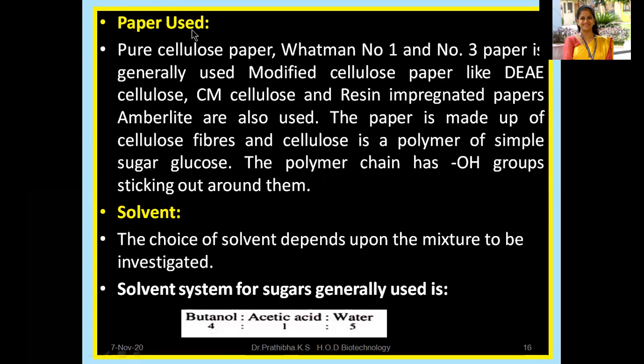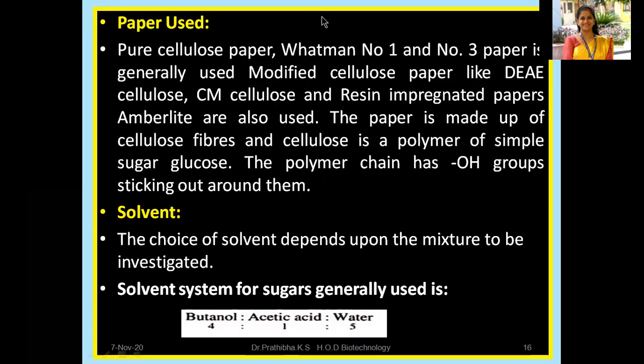What kind of paper will we be using in paper chromatography? Pure cellulose paper or Whatman number 1 paper is most commonly used. Modified cellulose papers like DEAE cellulose or CM cellulose, and resin impregnated papers, Amberlite, are also used.